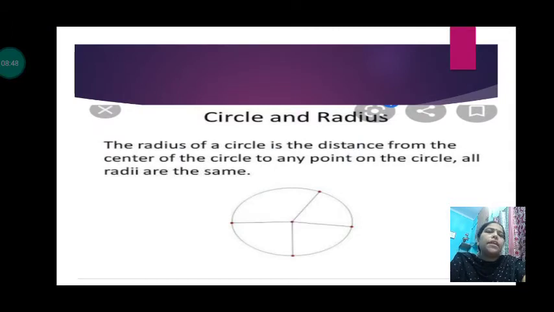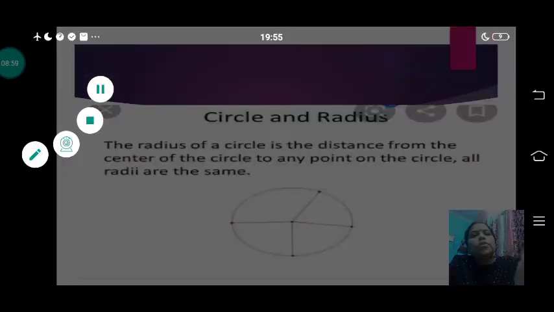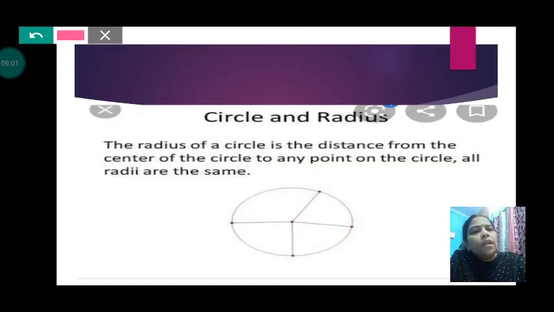Now circle and radius we have seen. The radius of a circle is the distance from the center of the circle to any point on the circle. All radii are the same. So here we have seen from the center to the point, the line joins and makes the radius.